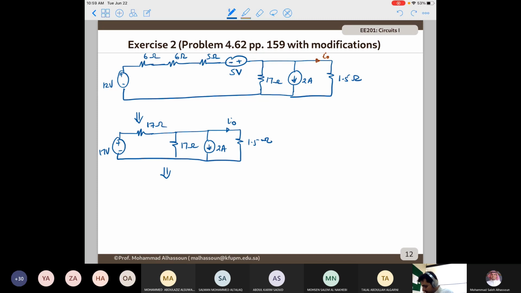Okay. So now I convert this 17 ohm voltage source to a current source in parallel with the 17 ohm resistor. So it's going to be 17, another 17.